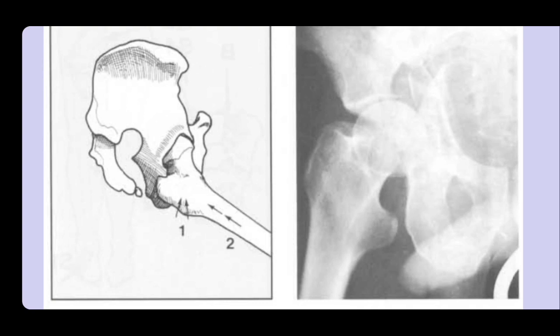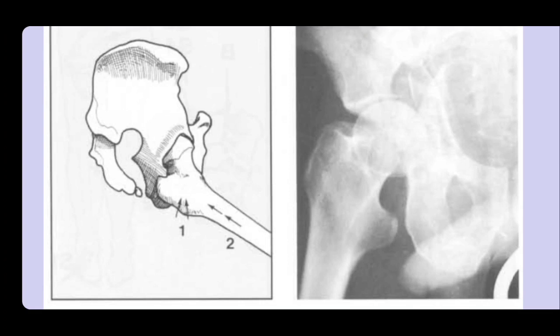and to the acetabulum. Another very common mechanism of injury is a car accident, a so-called dashboard injury, when the patient hits his knee into the dashboard and the force is transmitted through the femoral bone to the femoral head and to the acetabulum, and the head goes directly into the acetabular cavity and causes such an injury.